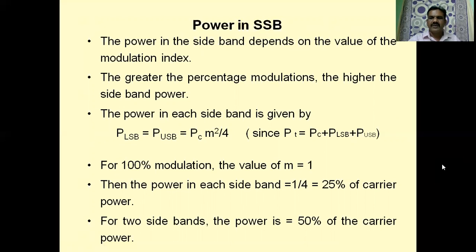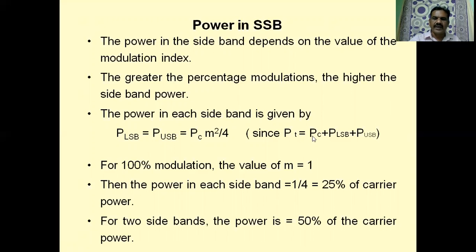As we see in DSBSC, the total power of the DSBSC signal is equal to upper sideband power plus lower sideband power. Power in the upper sideband is Pc times m squared by 4. Power in the lower sideband is Pc times m squared by 4. The total power of the DSBSC signal, as we derived, is Pc times m squared by 2, which is equal to Pc m squared by 4 plus Pc m squared by 4.